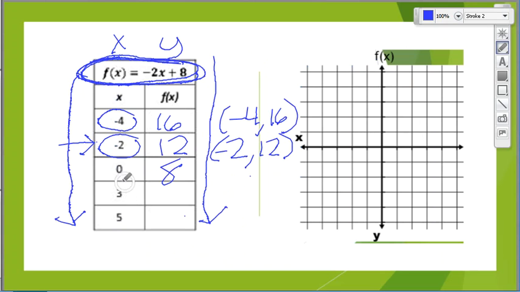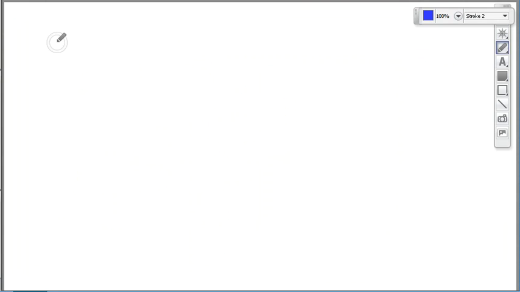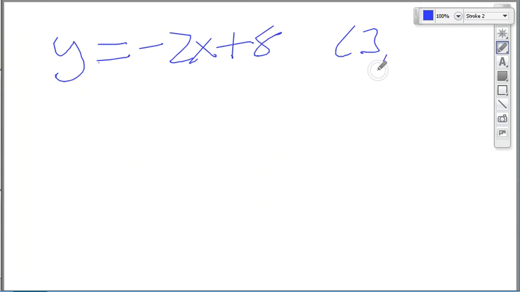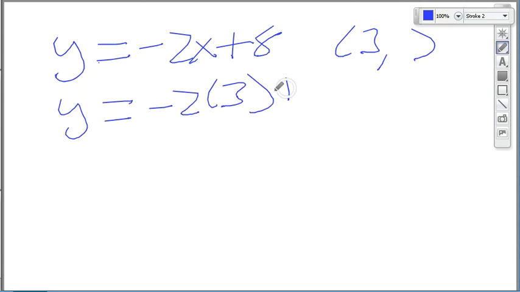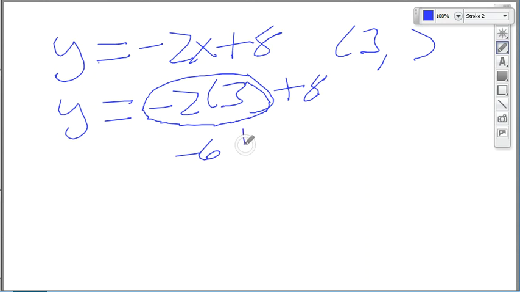Okay, let's do the next two. 3 and 5. So when we let our x be 3, our y is going to equal negative 2 times 3 plus 8. Negative 2 times 3 is negative 6. Negative 6 plus 8 is 2. Okay, so when we let our x equal 3, our y equals 2.